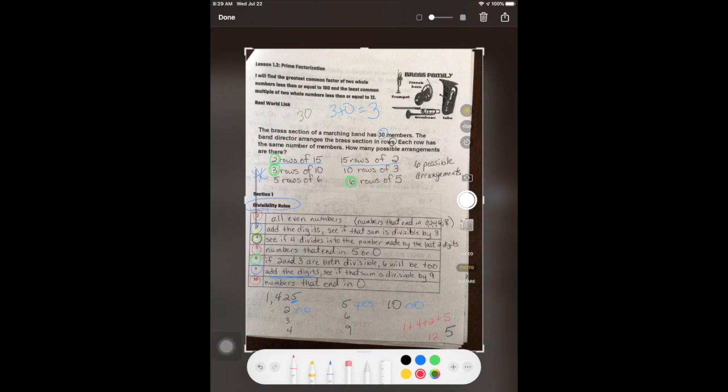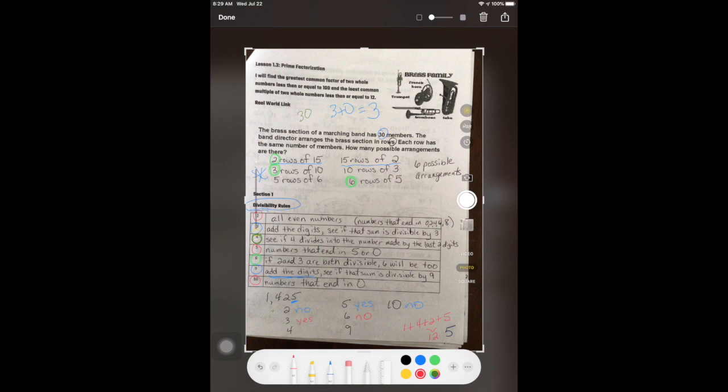And then I say to myself, does 3 divide into 12? Yes, 3 does divide into 12. So I know 3 is a factor of 1,425. I didn't even have to divide. Okay, now the 6 rule, 2 and 3 must be yeses. 2 and 3 must be factors. 2 is not a factor, so there's no way 6 is going to be a factor.